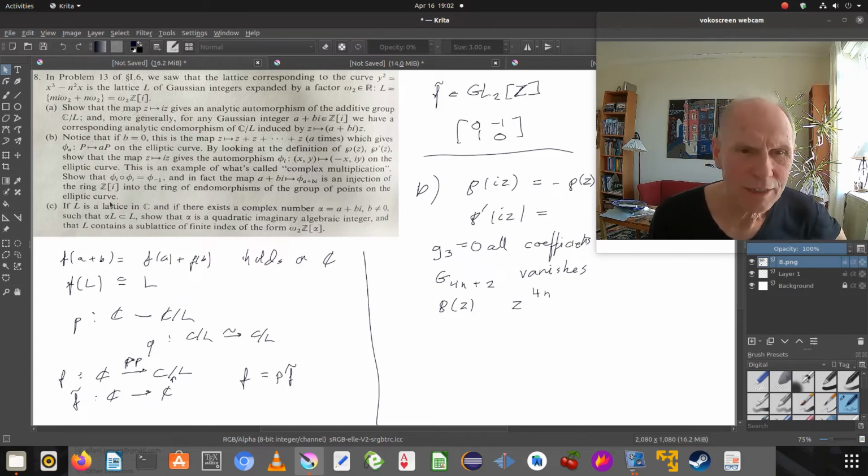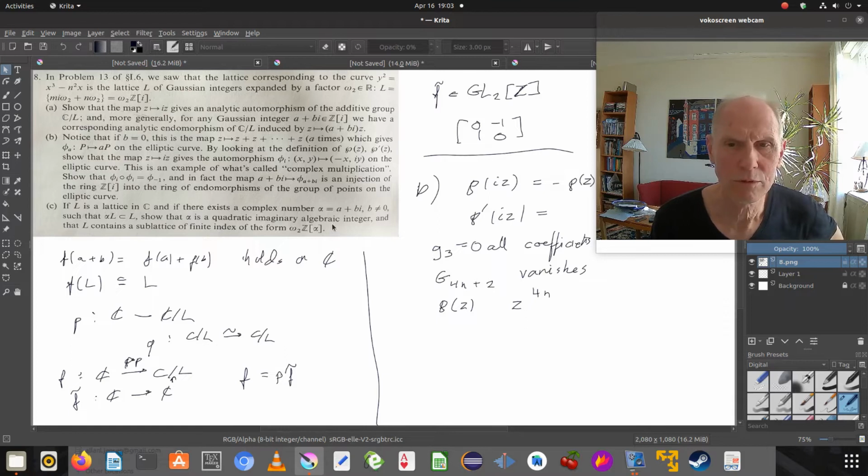So let's take the last one. If L is a lattice, show there exists a complex number alpha such that alpha L, show that alpha is a quadratic imaginary algebraic integer and that L contains a sublattice of finite index of the form.